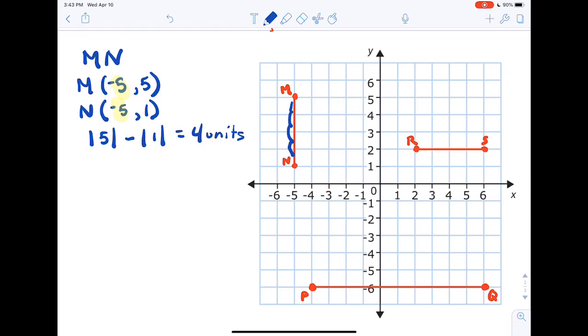Okay, let's see what happens if they just give you a couple of coordinates. Let's say they're going to give you the coordinates T, U. So those coordinates are going to be, let's say T is 1, negative 2, and let's say U is 4, negative 2.